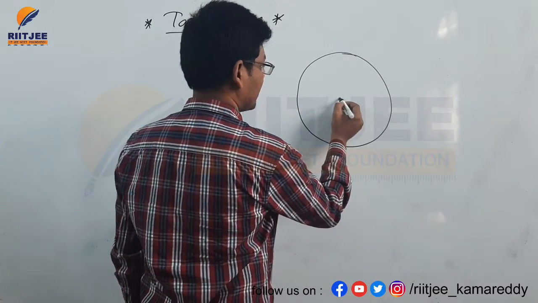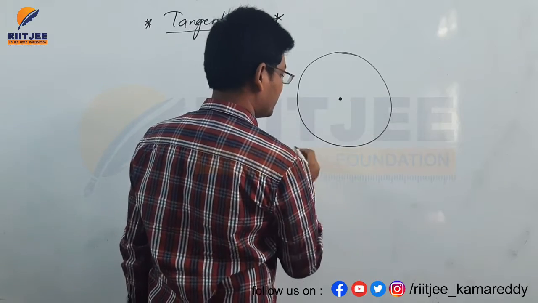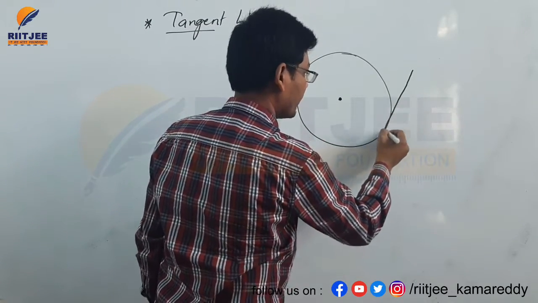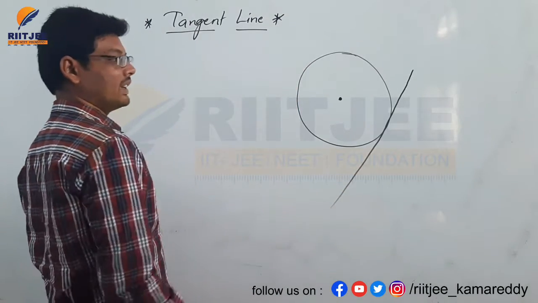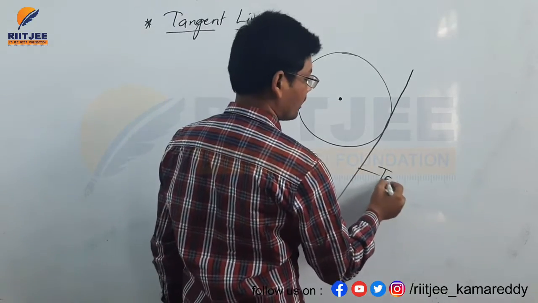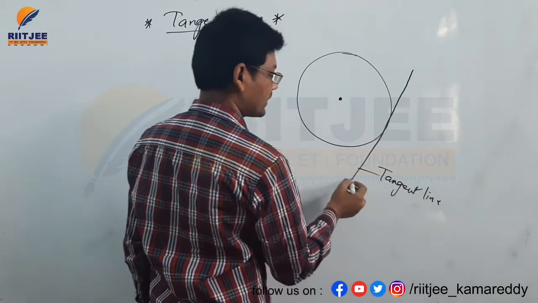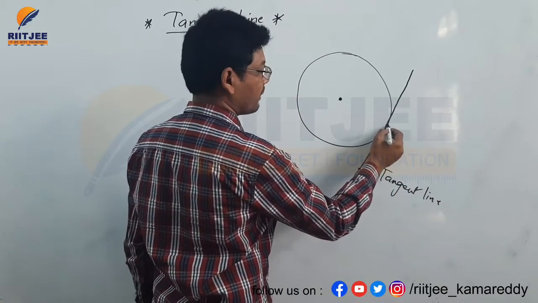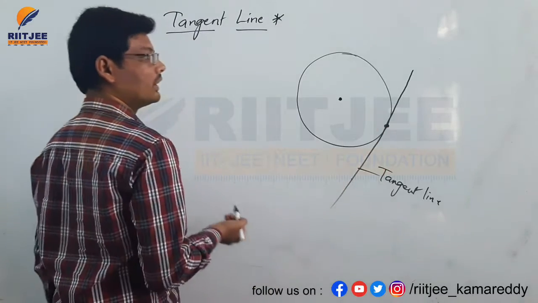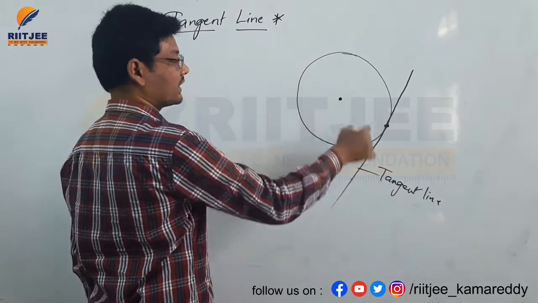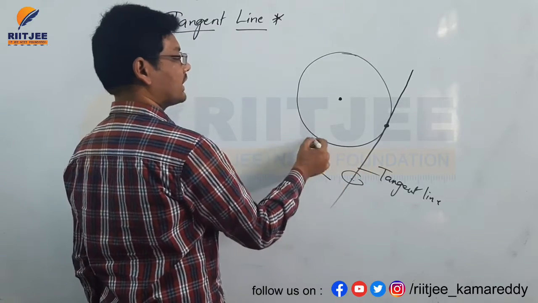This is a circle. A line which touches at one point on a circle is called a tangent line. This line touches at only one point, so it is called a tangent to a circle.